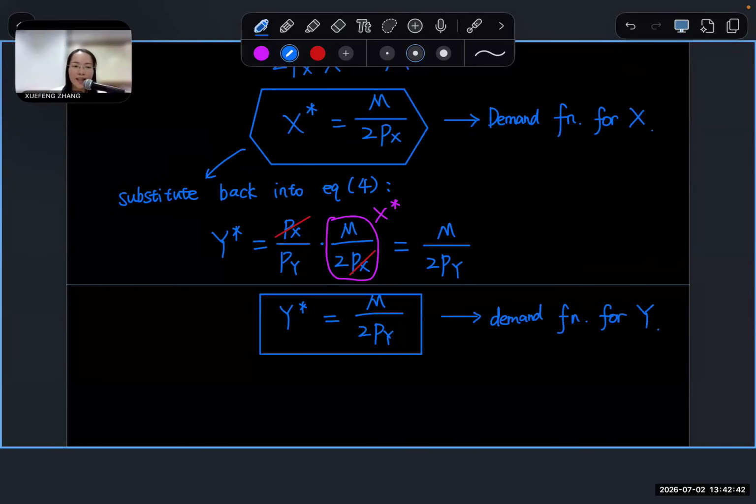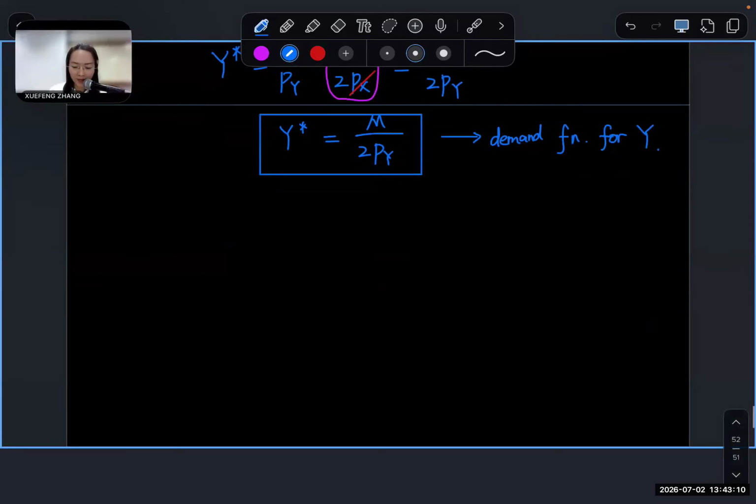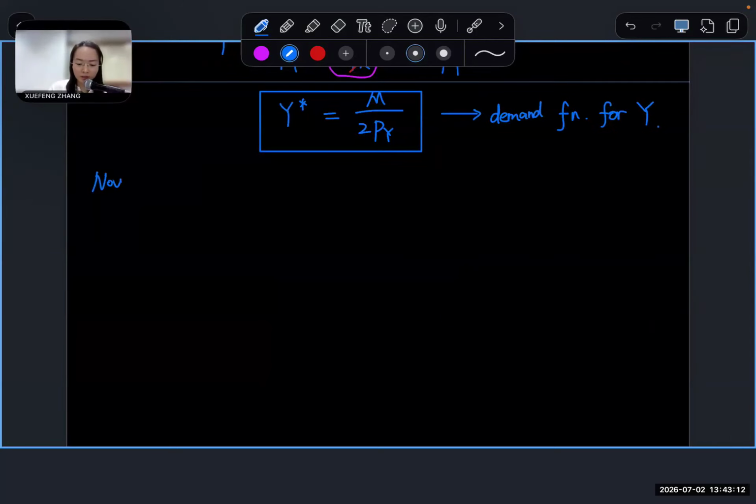Okay, so right now we find the demand function of x and y. And the question said that suppose price of x equals 1, price of y equals 2, and the income equals 100. We need to find the optimal consumption bundle. That means we just plug numbers into those demand functions, x and y, and then we're gonna get the optimal consumption bundle, okay? Next one, so now let's plug in numbers.